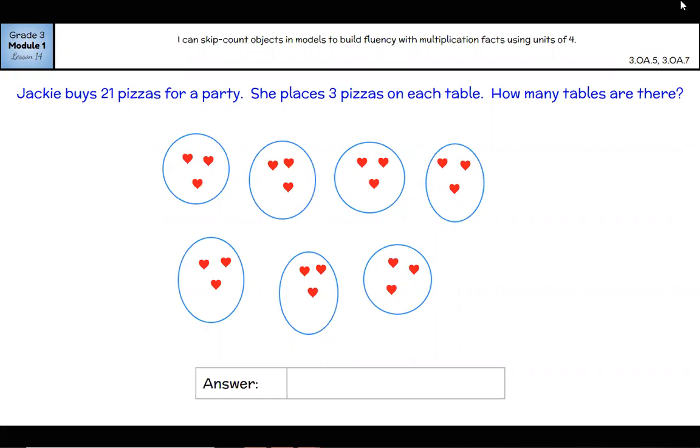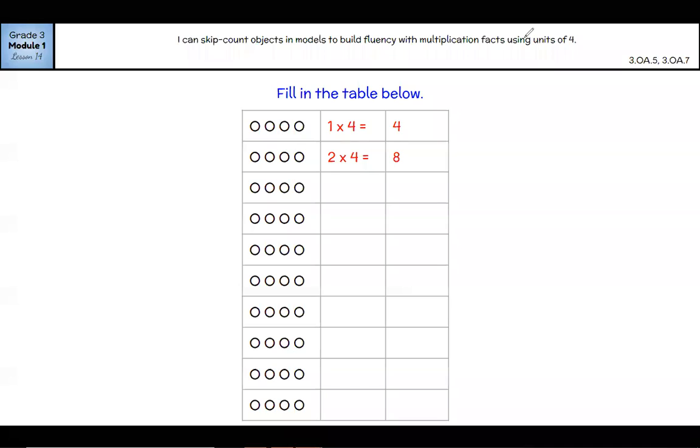Okay, I got to 21. So let's think about what I just did. I knew that there were 21 pizzas all together, and I knew that she put 3 per table. So I had to figure out how many tables. 1, 2, 3, 4, 5, 6, 7. That gives me 21 divided by 3 equals 7.